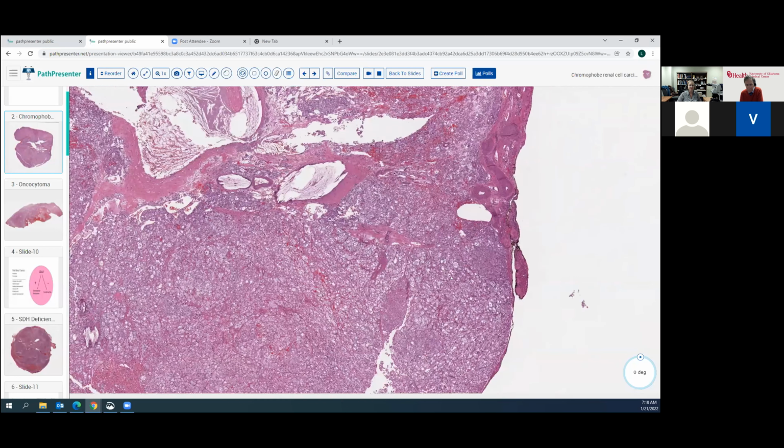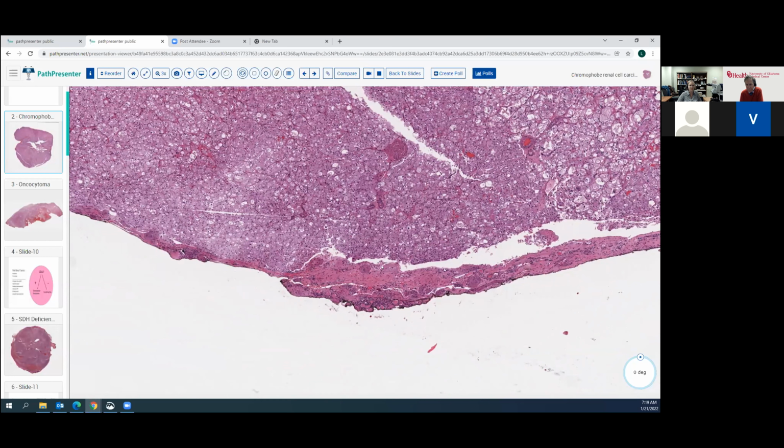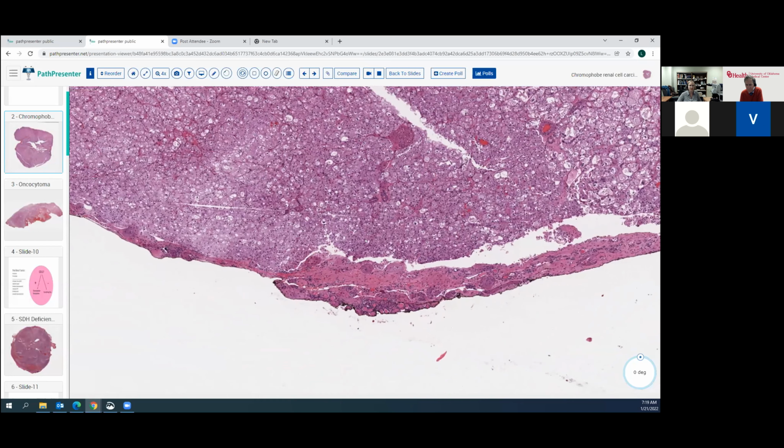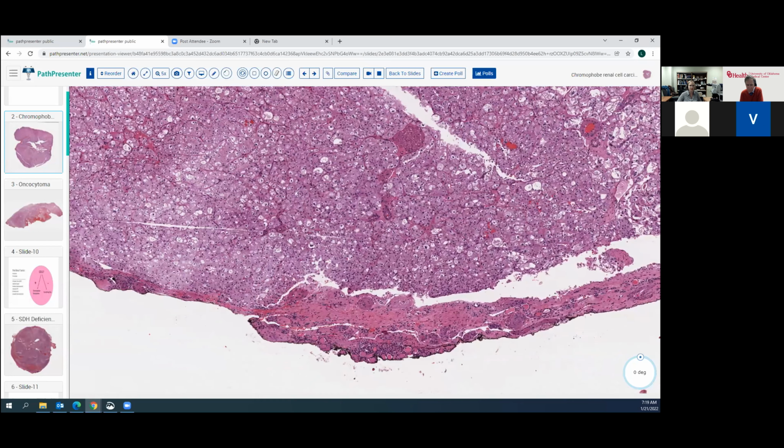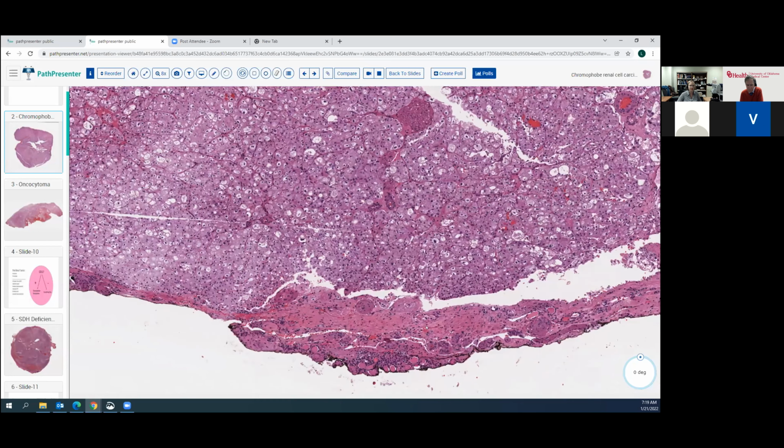I like to try and find the renal parenchymal margin. I'm getting some down here, getting an idea of the interface, especially with these pink tumors, looking at the interface between the normal renal parenchyma and the neoplastic cells.